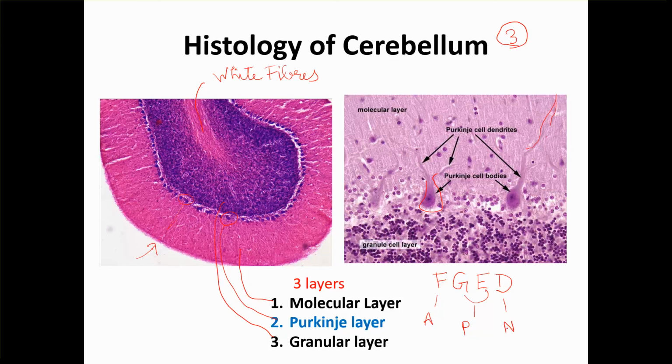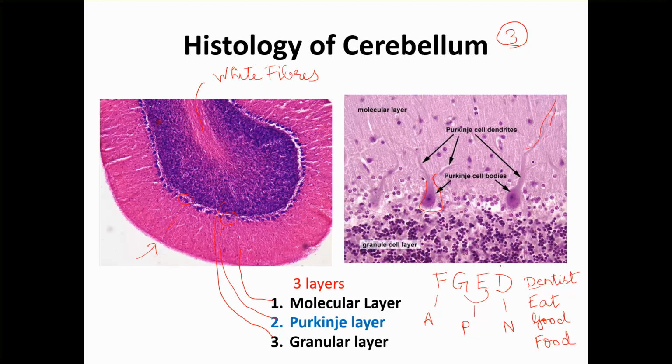There is a mnemonic for remembering these names. We say: Dentis eat good food. The sequence is from medial to lateral, from fastigial to dentate, medial to lateral.